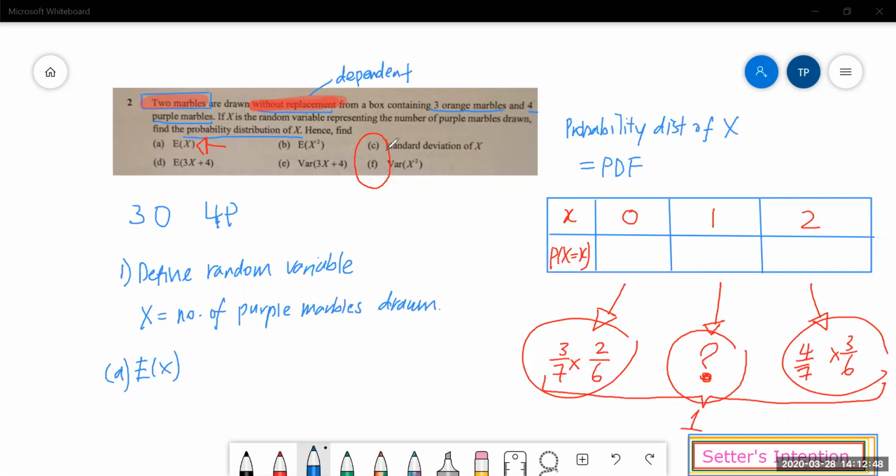Do we give it in fraction? Yes, fraction is fine. So A, B, D, and E should be fine because they are all like what we went through just now. But you have to understand standard deviation of X. What is standard deviation? Standard deviation is basically the square root of the variance of X.